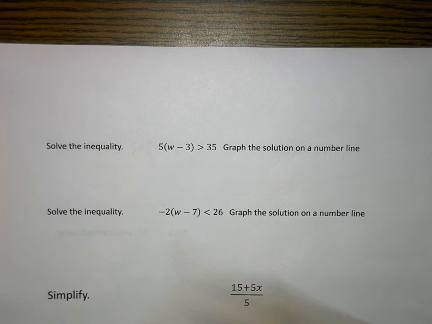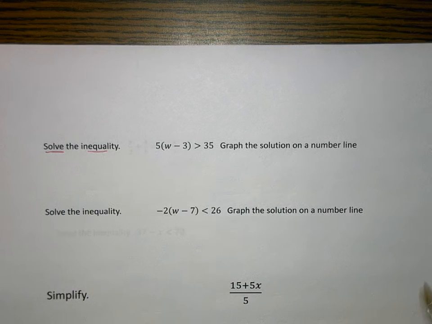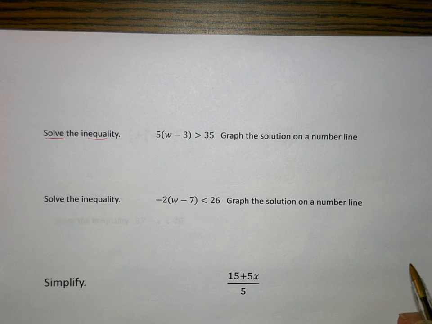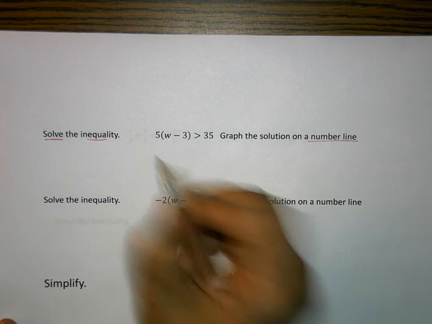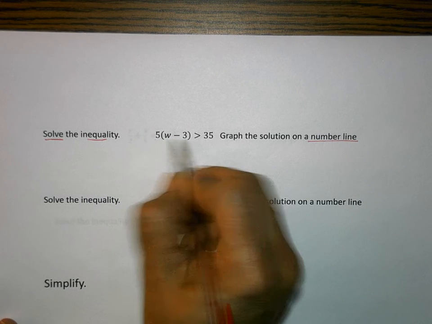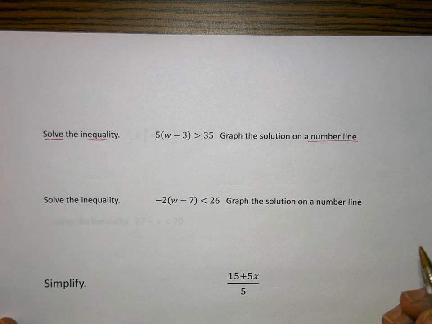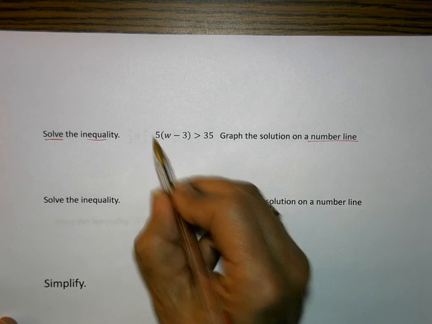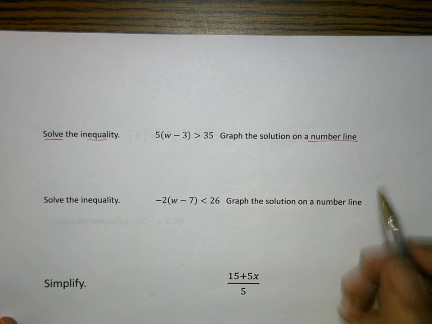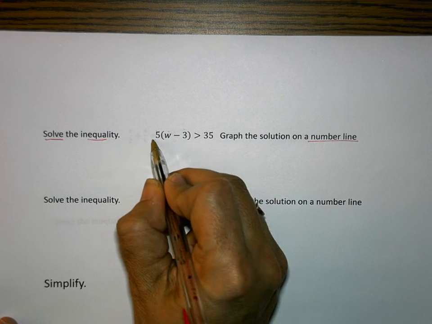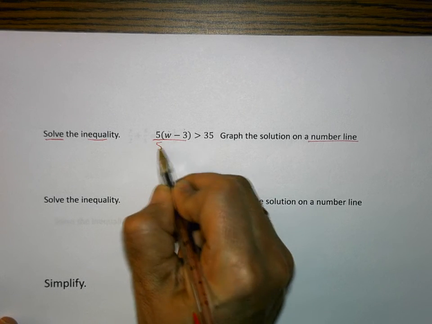So the next thing here is solve the inequality. It's just like solving an equation, okay? And then we want to graph the solution on a number line. So if I'm saying 5 times this quantity, a lot of you say, oh, I just want to distribute. There's nothing wrong with distributing. You can. But I also can get rid of this multiplication by dividing both sides by 5.